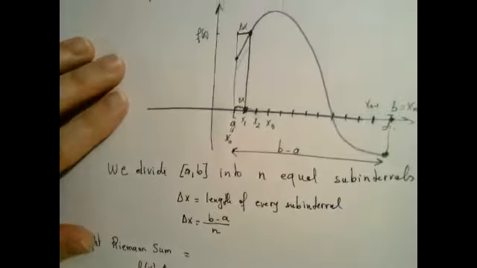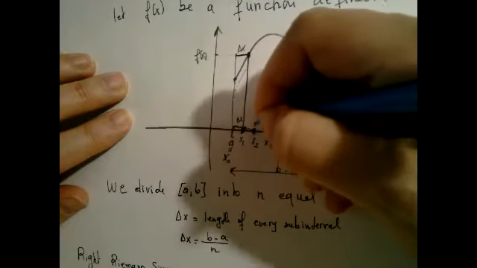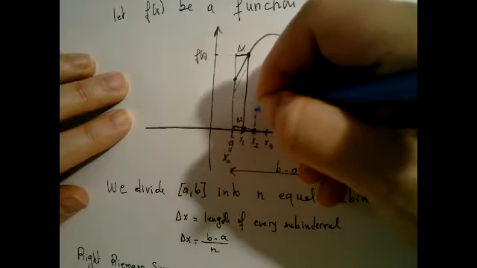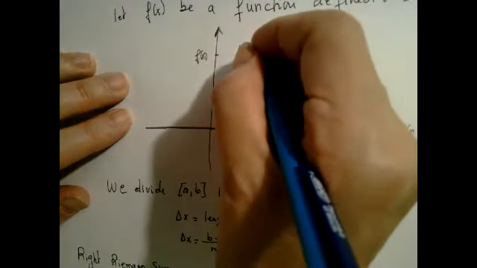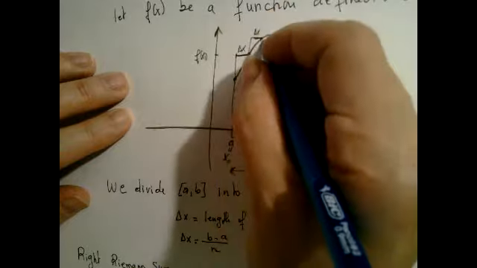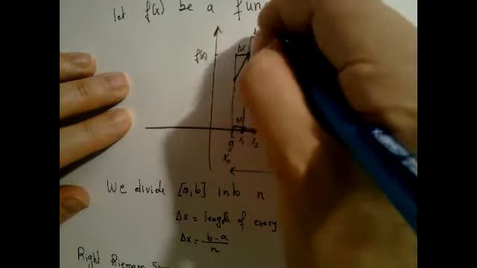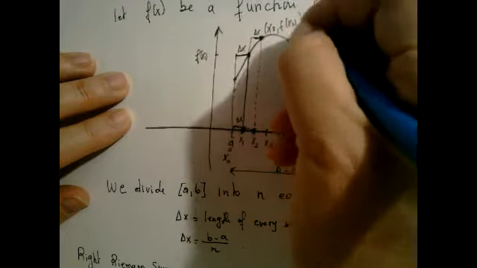And we add to it, we repeat the same thing. This is x2. We take the value of the function at this point, f of x2, times delta x. This is from here to here, f of x2.